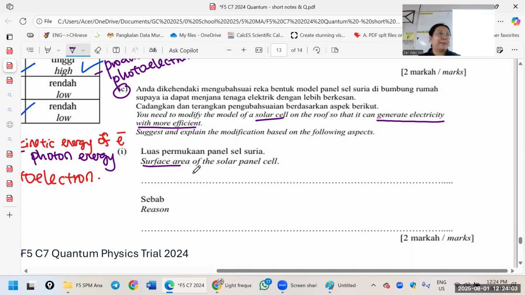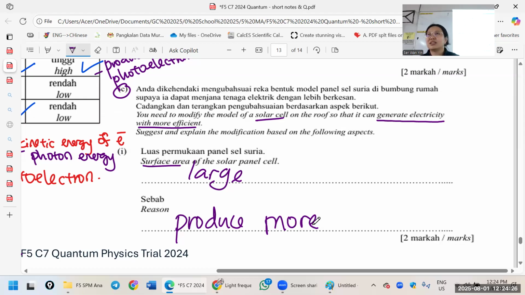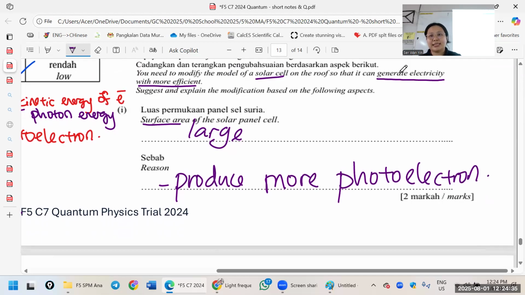Surface area of the solar panel cell should be large. Why? Produce more photoelectron. Or here they just say electricity, they don't say current. So we can say produce more current, photo current, or just electric current.